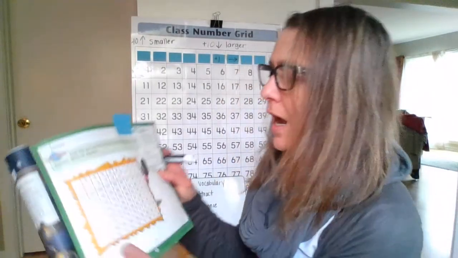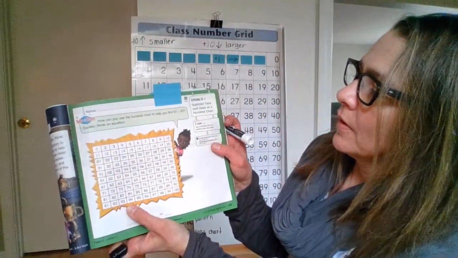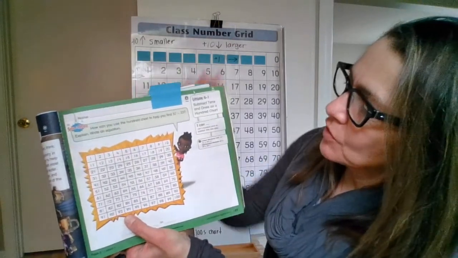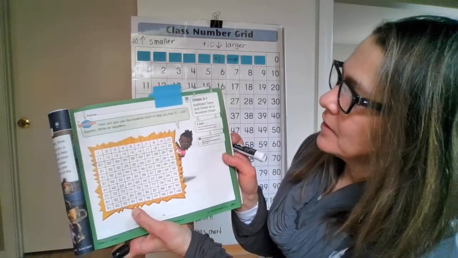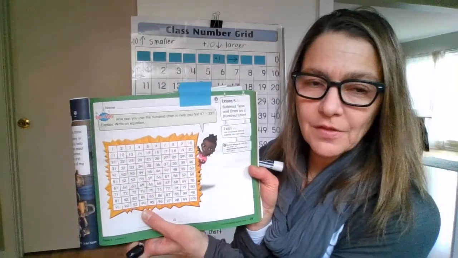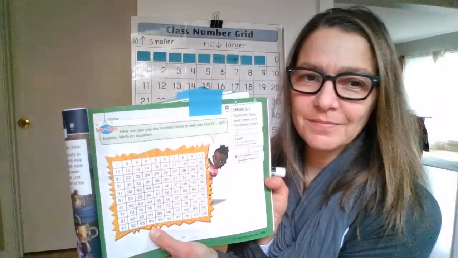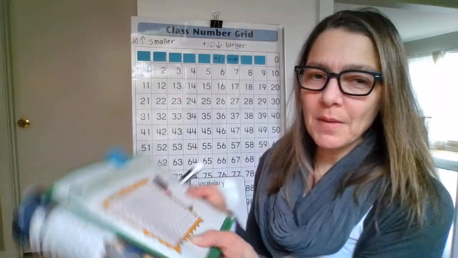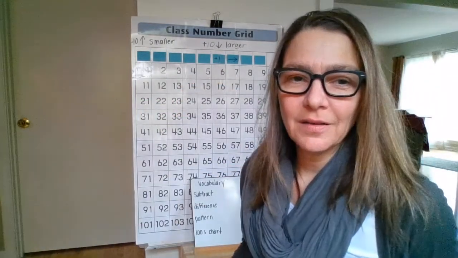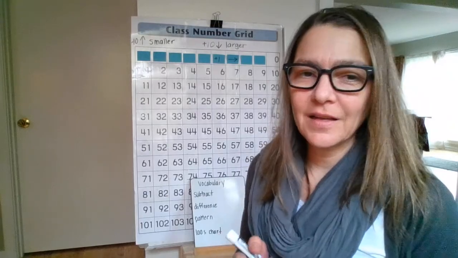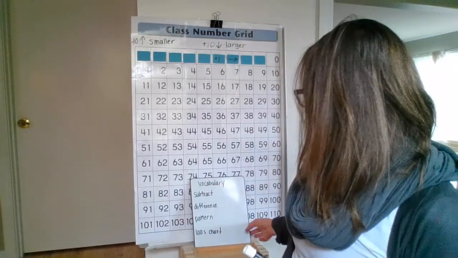I can use the hundreds chart to help. How can you use the hundreds chart to help you find 57 minus 23? Explain, write an equation. Now, an equation, remember, has an equal sign. And in this case, we're doing subtraction.